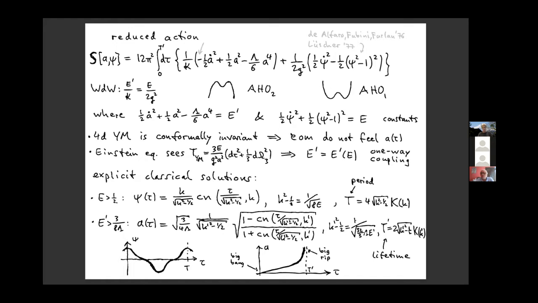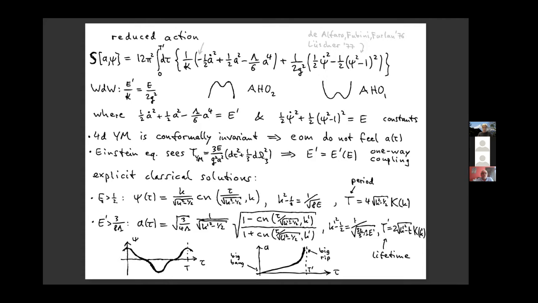On the other hand, the Einstein equation sees the Yang-Mills field through the stress tensor, but the stress tensor only contains this conserved mechanical energy E. And so it leads to a dependence of the gravitational energy E prime, through the energy-momentum tensor, on the mechanical energy E. So this is exactly this relation. There's just a one-way coupling, and it's easy to write down the classical solutions explicitly.